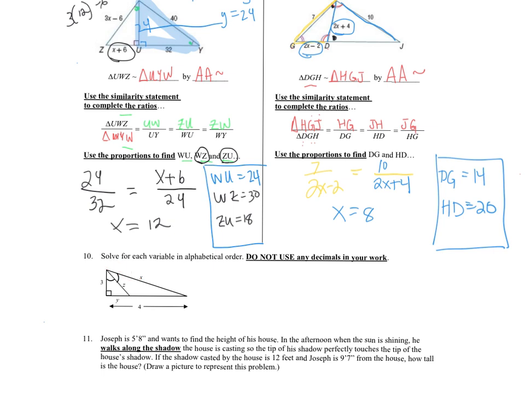So that is going to give me that x is 5. And then I'm going to have to use that to set up some proportions.